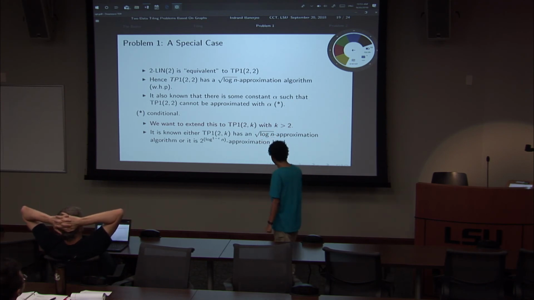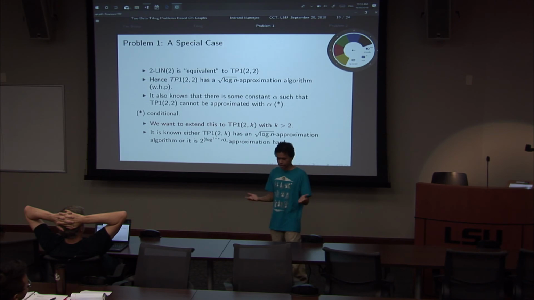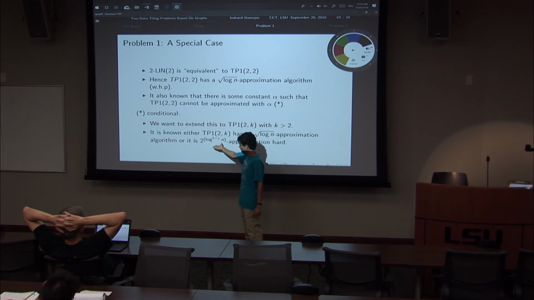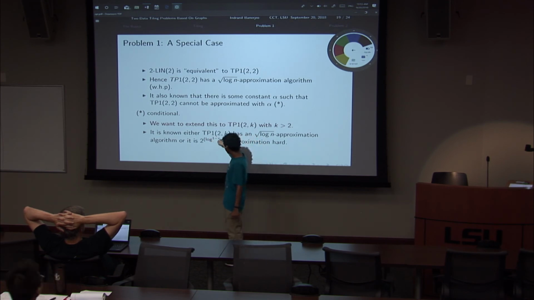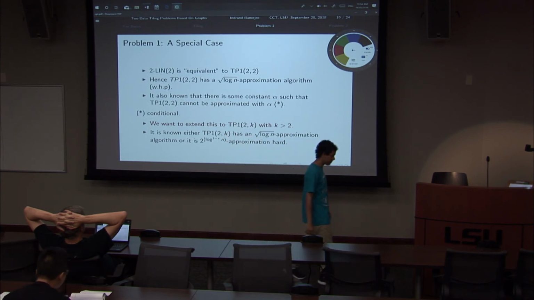Well, what we know is this: either one of these is true. Either it also has a square root of log n approximation, that would be nice, or it is approximation hard, and the approximation ratio is quite bad. So 2 to the power square root of log n to the 1 minus epsilon is bad.